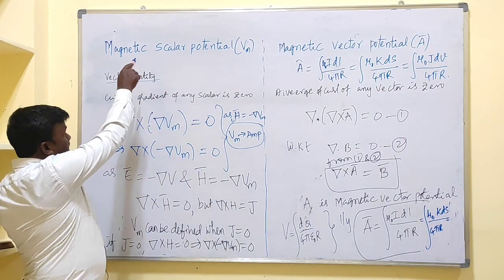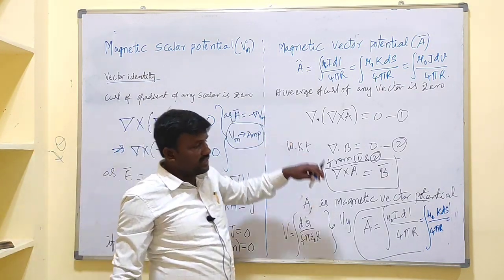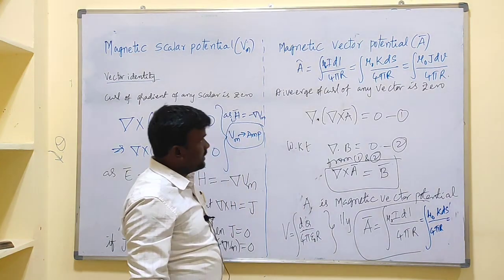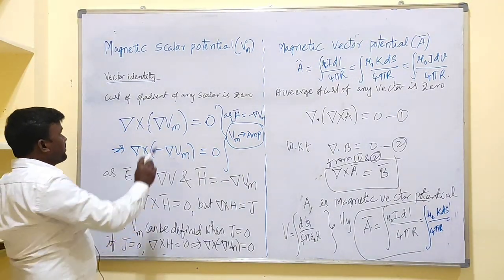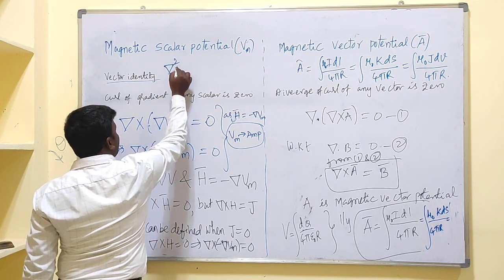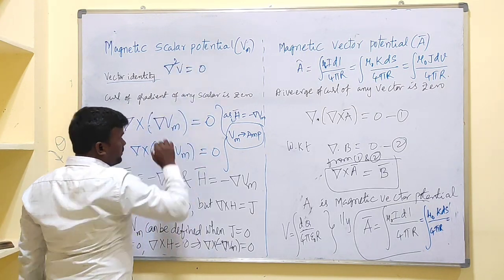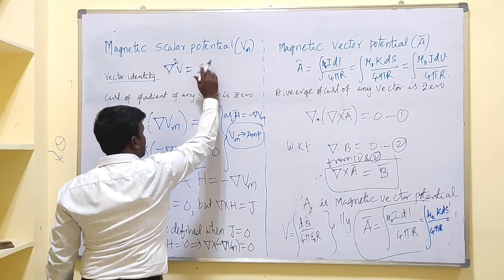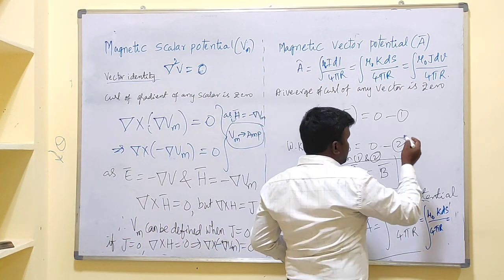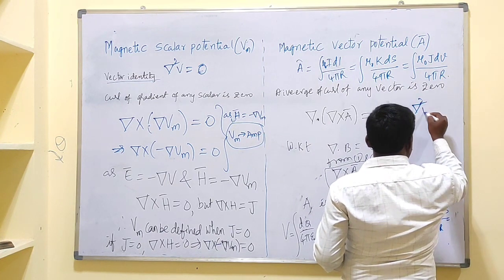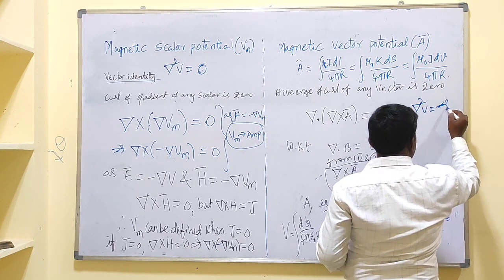This is magnetic scalar potential, and this is magnetic vector potential. Now we have Poisson's and Laplace equations. Laplace equation is given by del square V equal to 0, and Poisson's equation is given by del square V equal to minus rho V by epsilon.